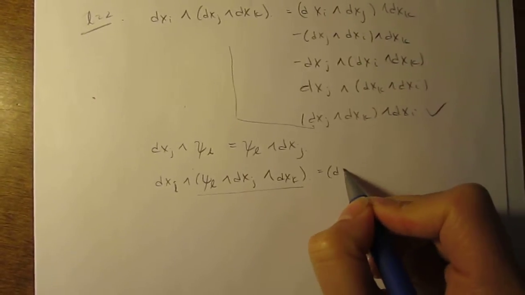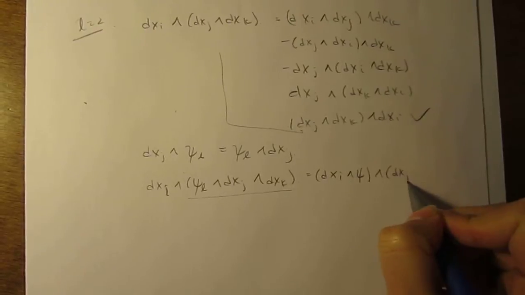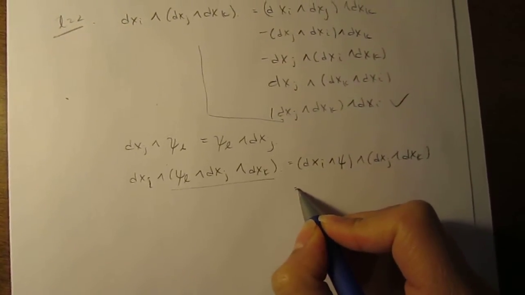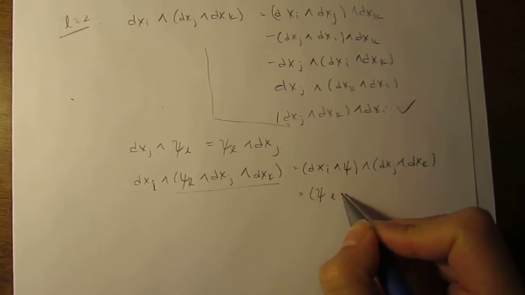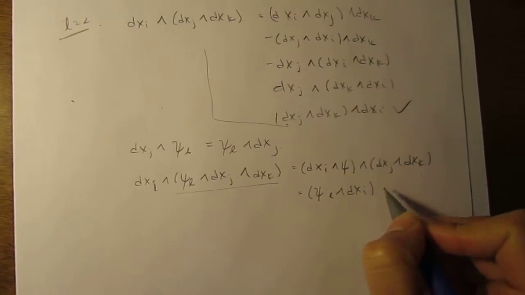This is equivalent to this whenever we rearrange the parentheses. We switch the order inside, and by our base case, we know that they're still going to be the same.